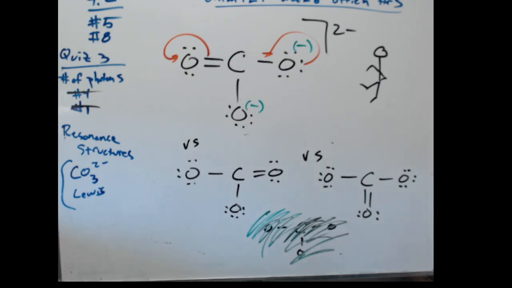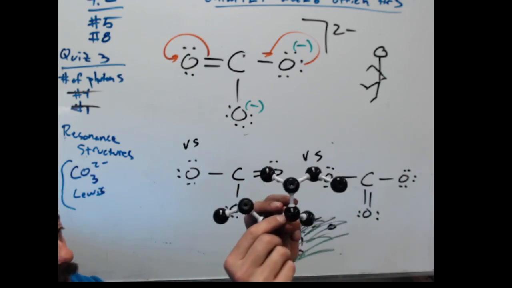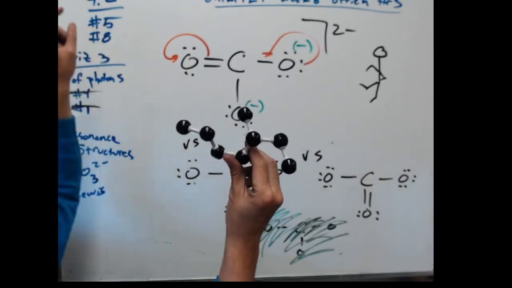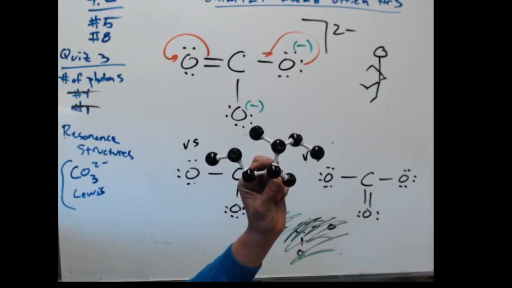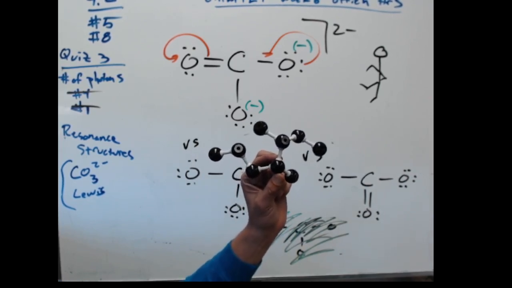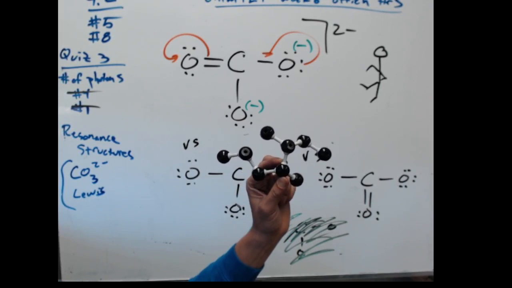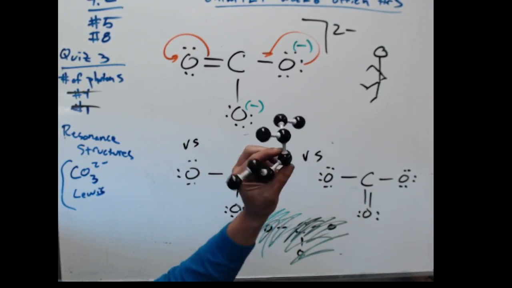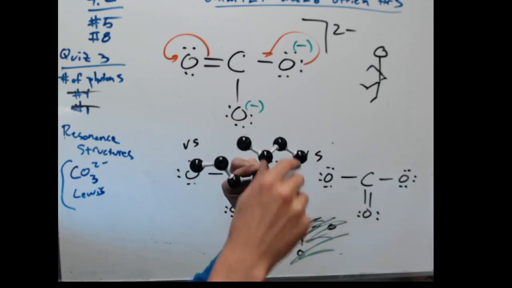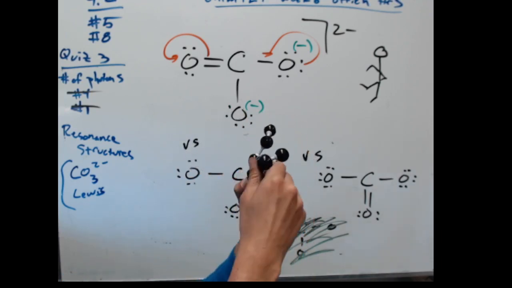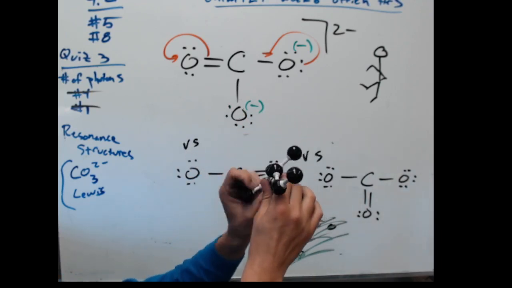Here it is, and that kind of looks like the first structure. So this is back to 4.2 number 8. Here's the structure, and the difficulty with looking at these as flat static pictures is we forget that they're three-dimensional objects that not only can we rotate in space, but the bonds, as long as they're single bonds, can also rotate in space.